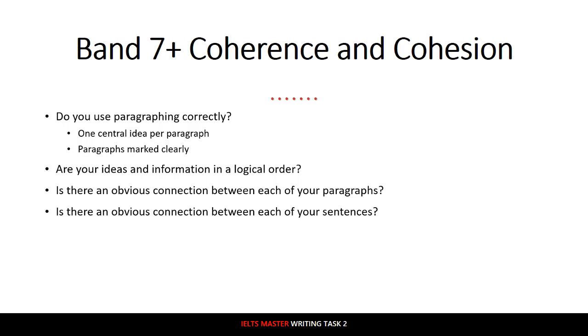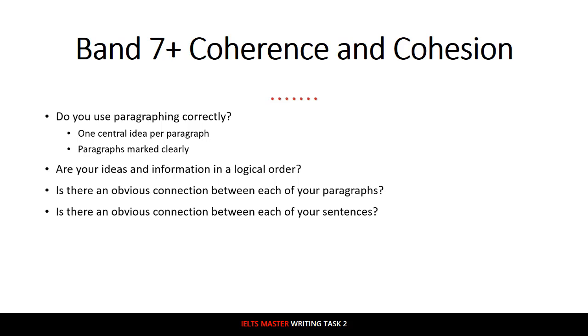Next, is there an obvious connection between each of your sentences? This is a big problem, and it's probably the biggest problem for coherence and cohesion. Sometimes, I have to ask, why is this sentence here? And it's very difficult to have each sentence in the perfect place, but that's what coherence and cohesion is about.